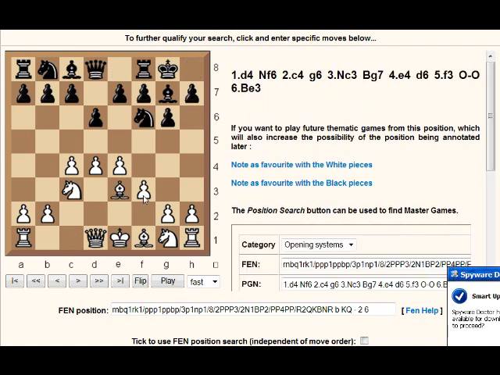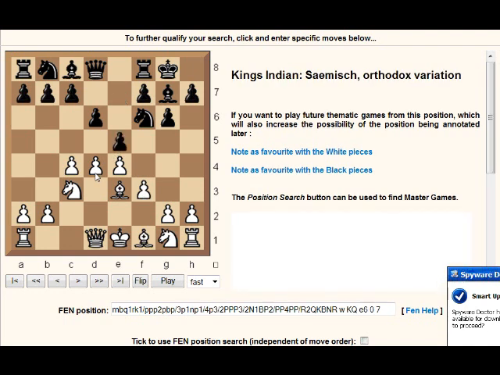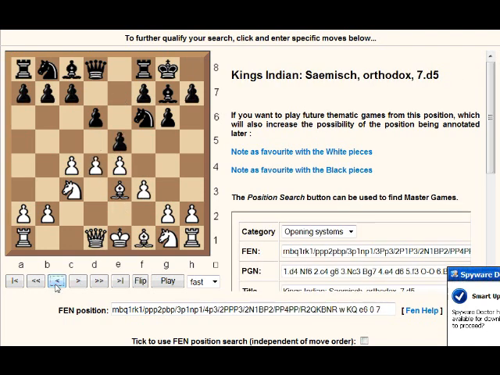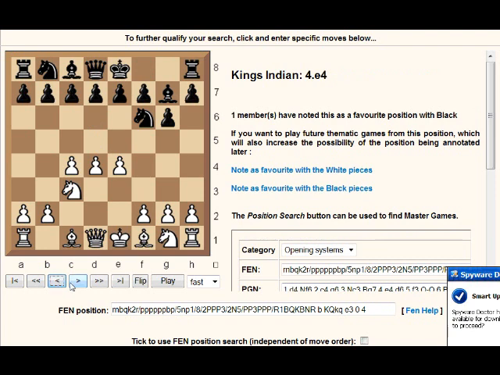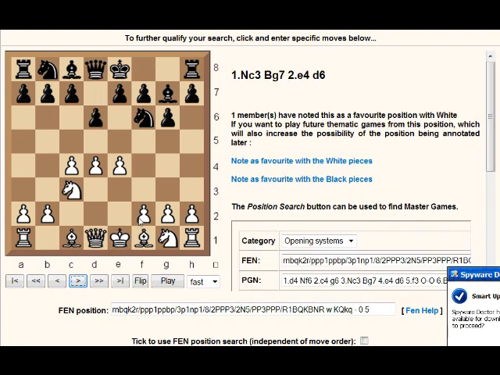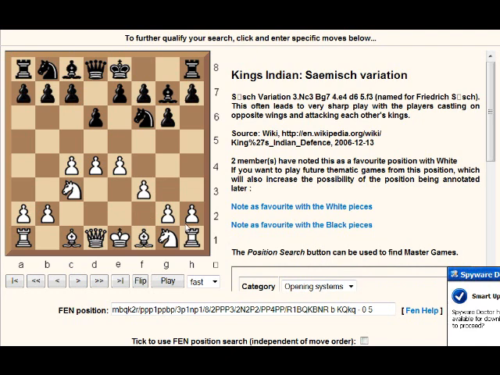So bishop e3, so it's with f3 and bishop e3. I used to play this variation a lot. Let's rewind back here. So when black plays d6 and you play the move f3, reinforcing the centre, we get the Sämisch variation.